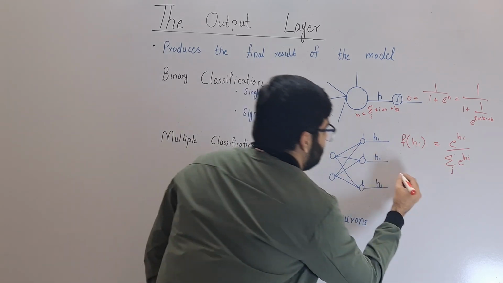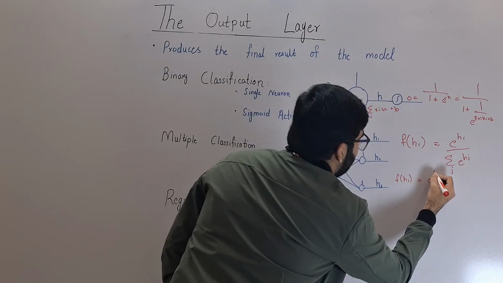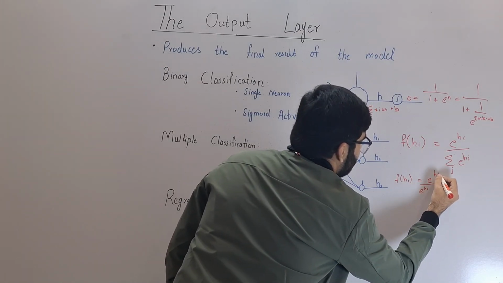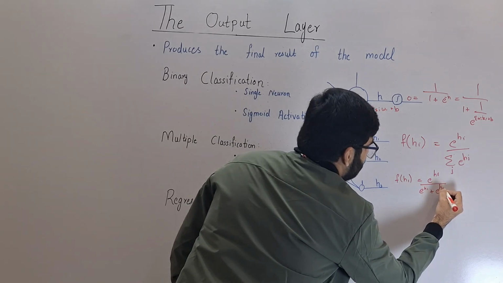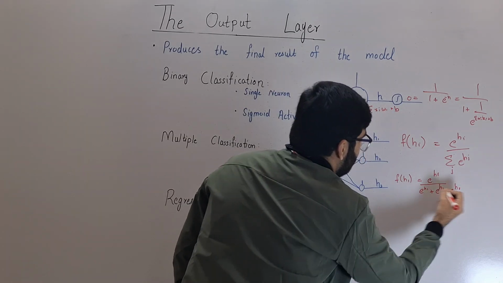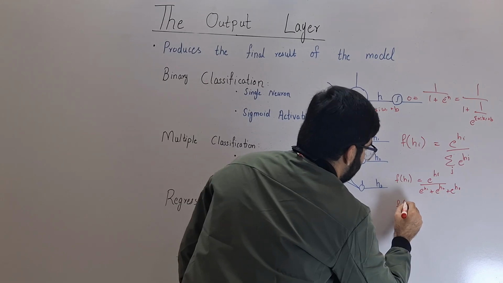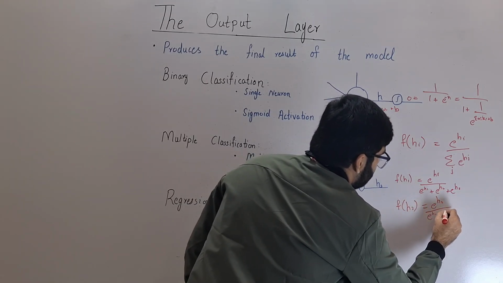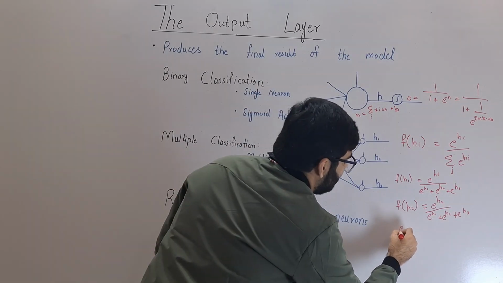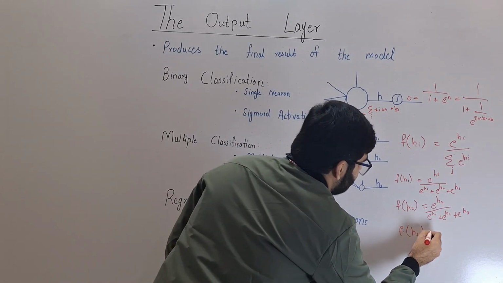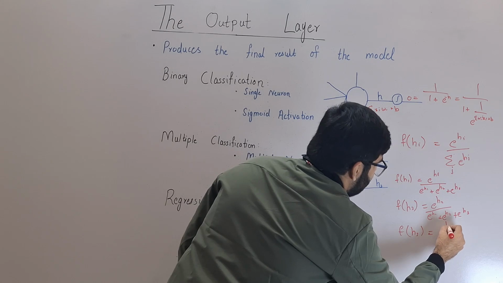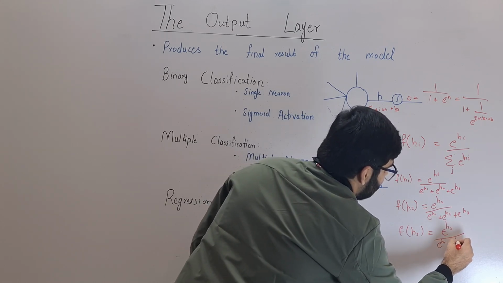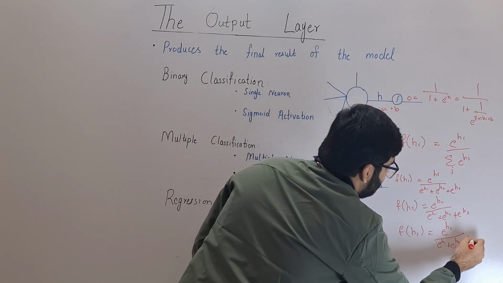To apply it on H1, e power H1 divided by e power H1 plus e power H2 plus e power H3. To apply this to H2, we do the same thing, and we follow a similar approach for H3. That is e power H3 divided by e power H1 plus e power H2 plus e power H3.